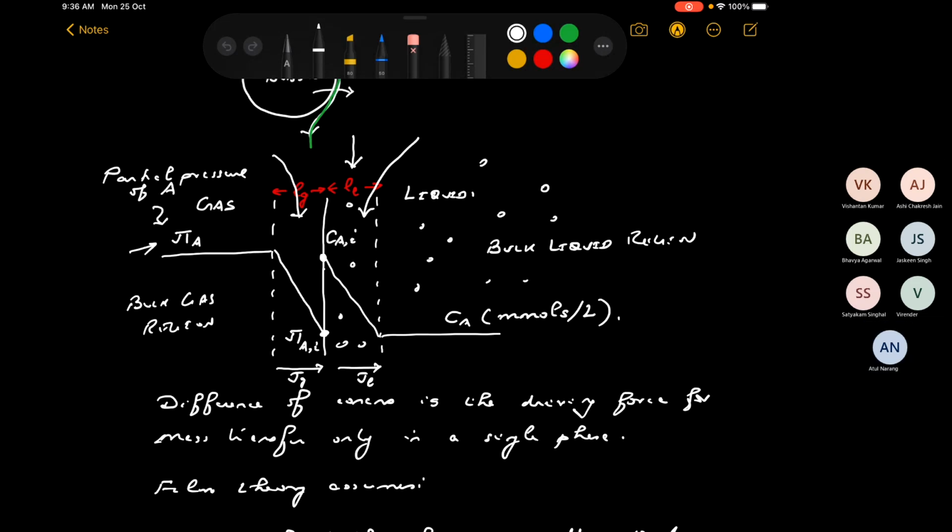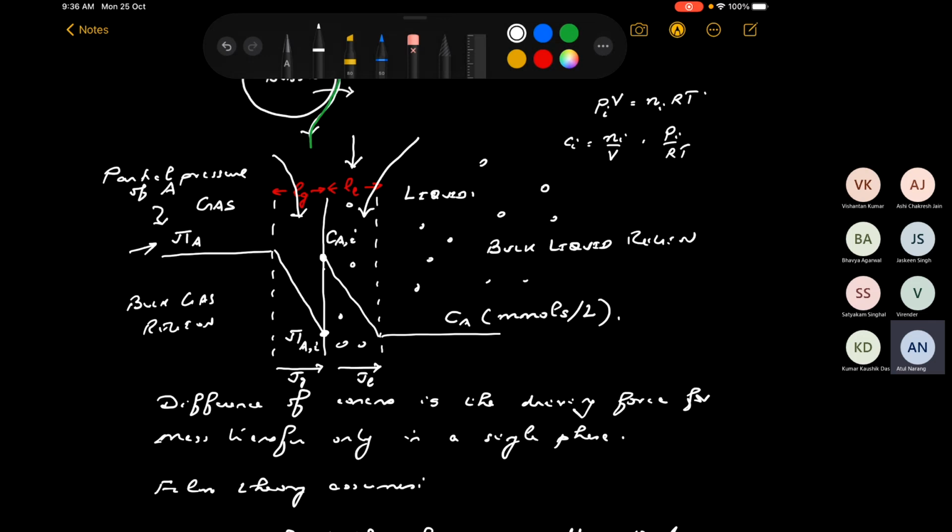From the ideal gas law, P sub i is equal to N sub i RT, where N sub i is the number of moles of gas i, P i is the partial pressure, and so N sub i over V, which is the concentration of the gas, is equal to P i over RT.